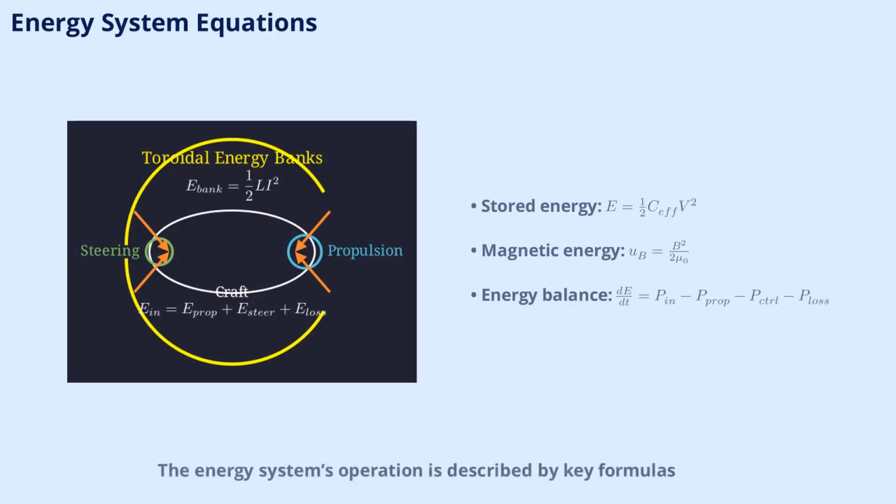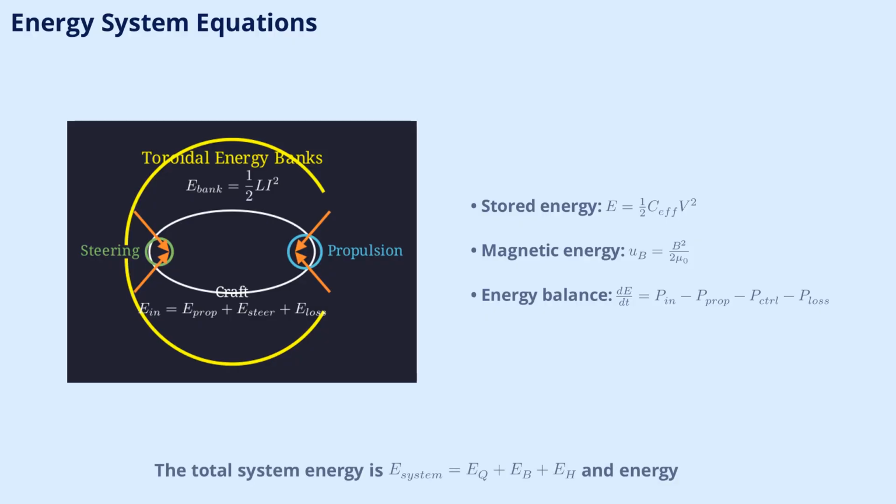The energy system's operation is described by key formulas. Stored energy is E = ½ C_F V², where C_F is effective capacitance and V is voltage. Magnetic energy density is U_B = B²/2μ_0, with B as magnetic field and μ_0 as permeability.